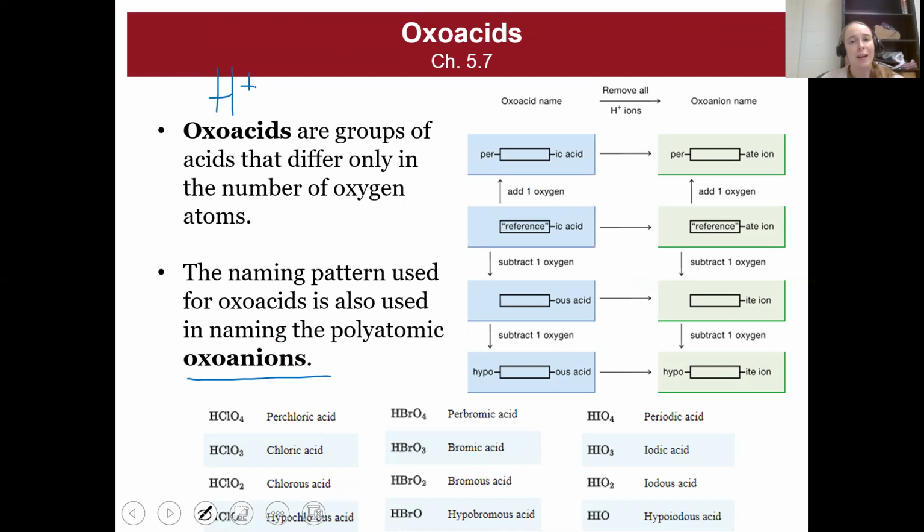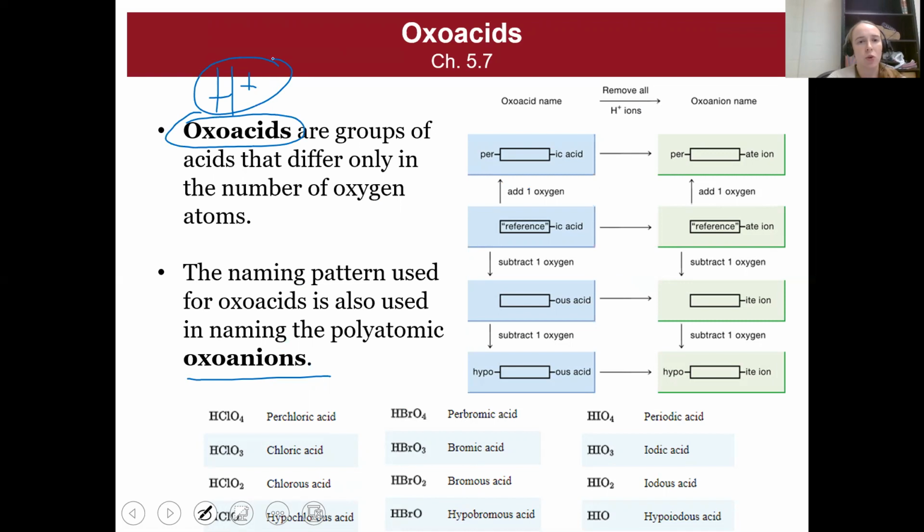So if we add hydrogen to any of our polyatomic oxoanions, they become oxoacids because if we put them in water, they would dissolve and give off that hydrogen that we put on.